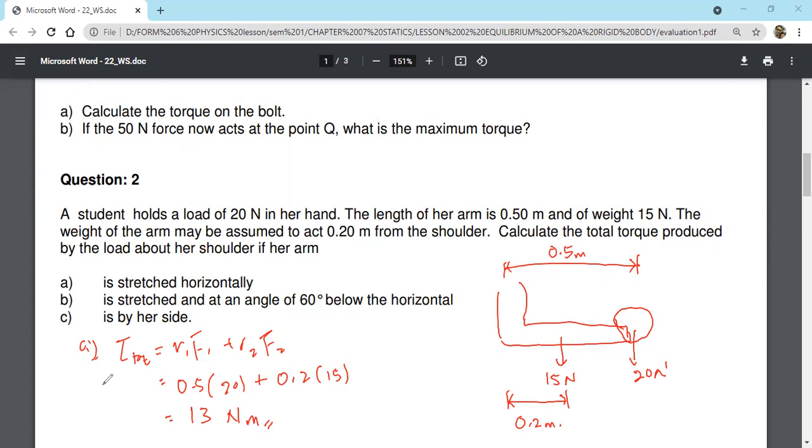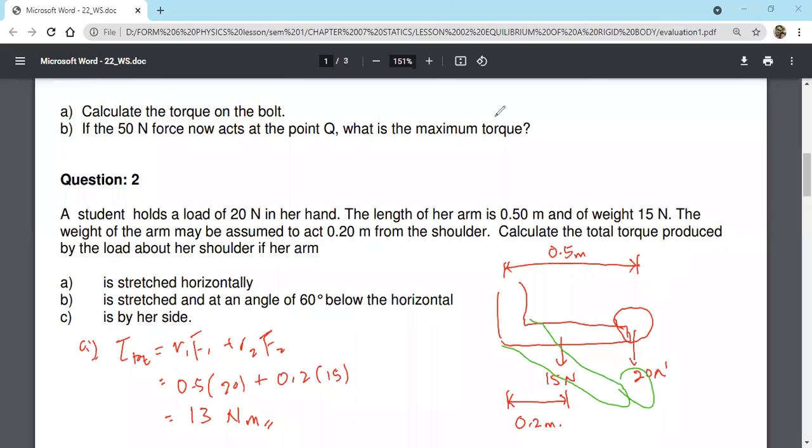Now, if the arm is stretched at an angle of 60 degrees below the horizontal, that means the arm is stretched like that, holding the object like that.